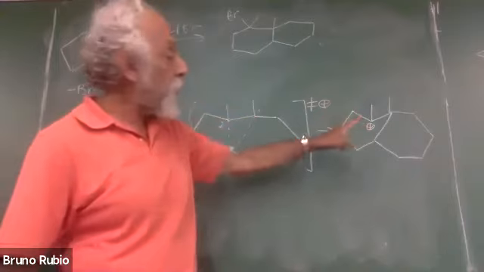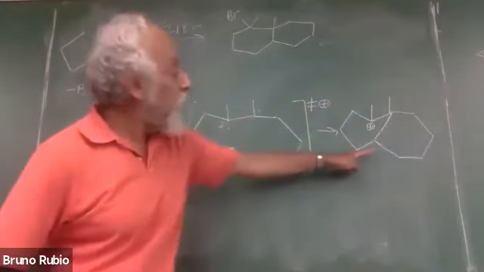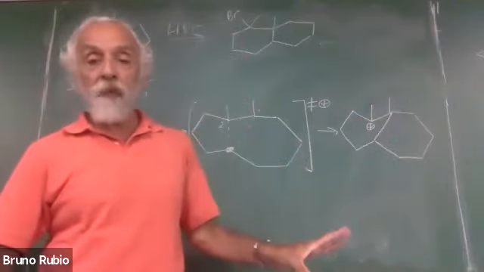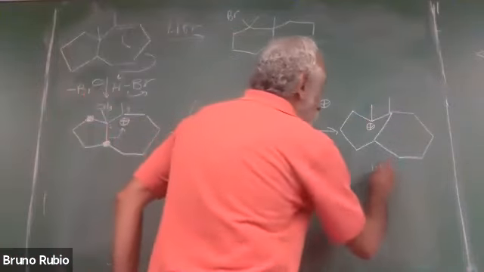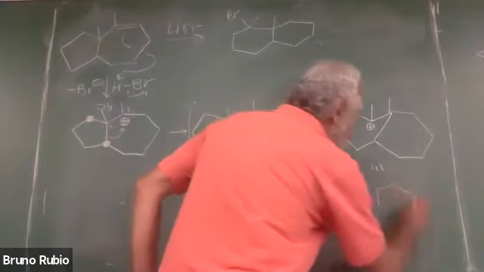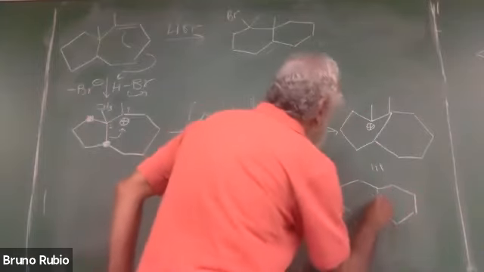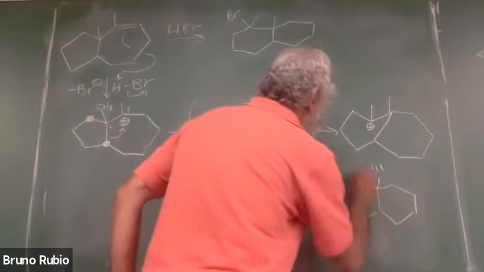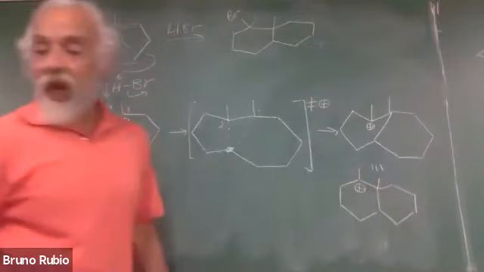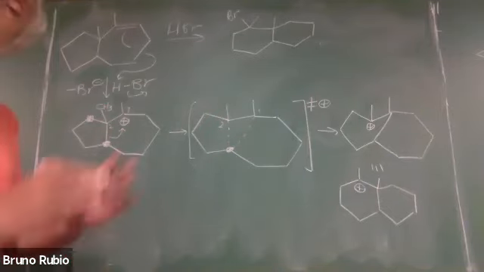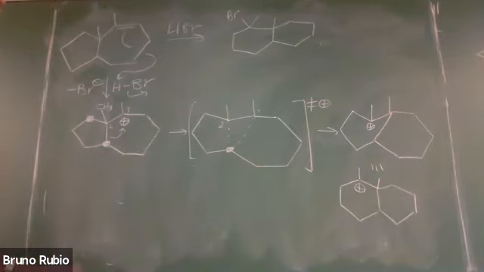That's a 6-membered ring. What I see over here is 1, 2, 3, 4, 5, 6, and back again. That's a 6-membered ring as well. So just to clean this up, I'm going to write it like that. And so this is the rearrangement that is going to give me those 2 6-membered rings.